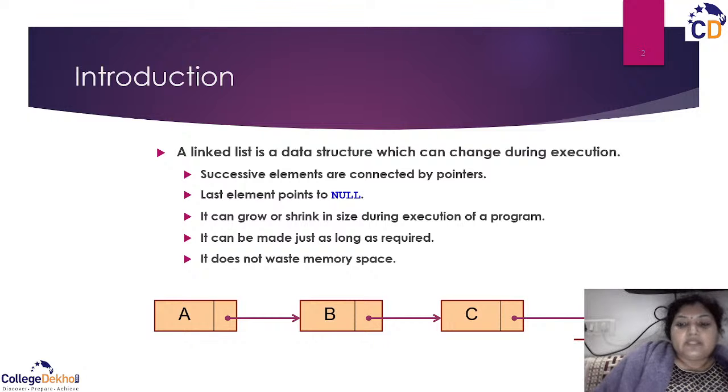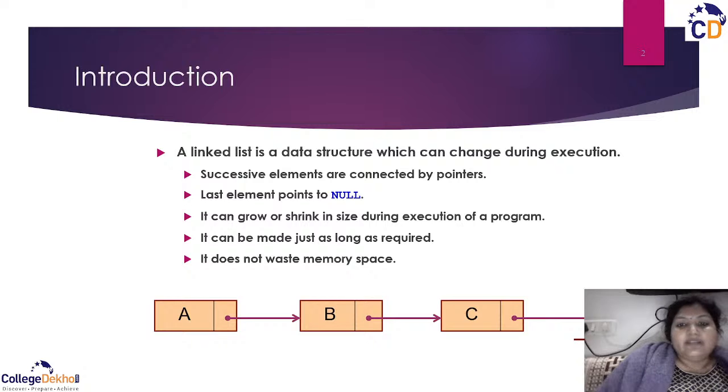In this example, a node is divided into two parts: one is the value, and the second is the address of the next element in the list. The last element of the linked list holds the value null. Whenever a node has null in its address part, that means it is the last element of the linked list, right?